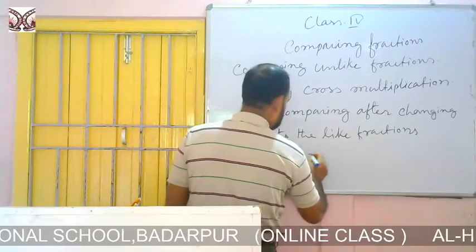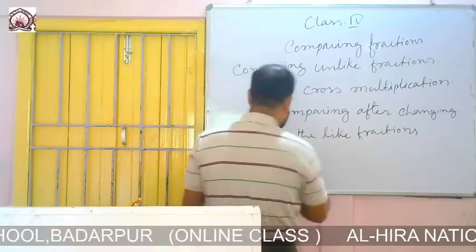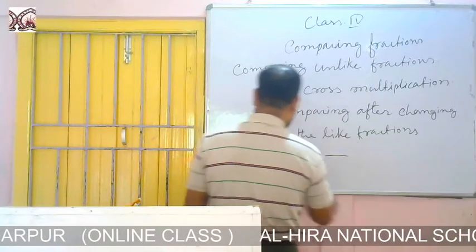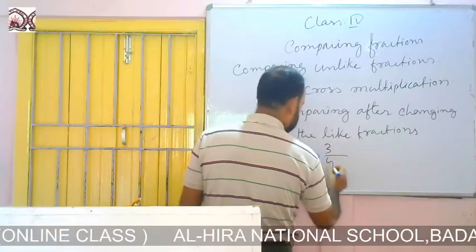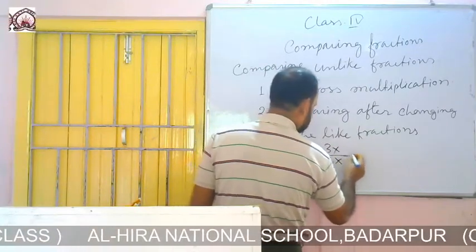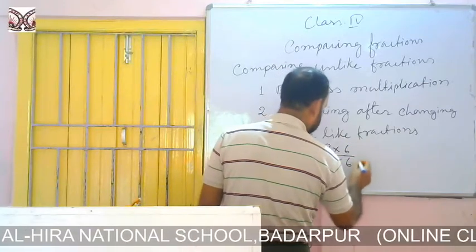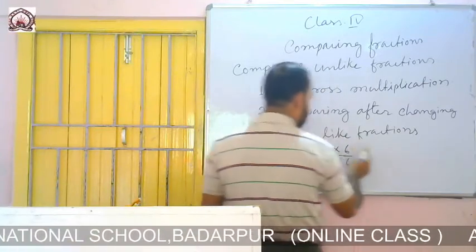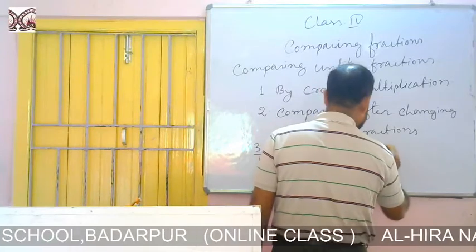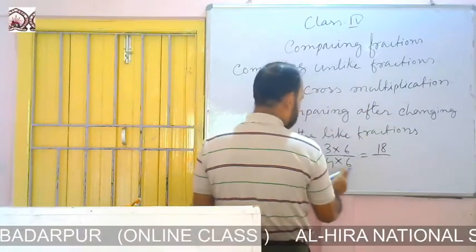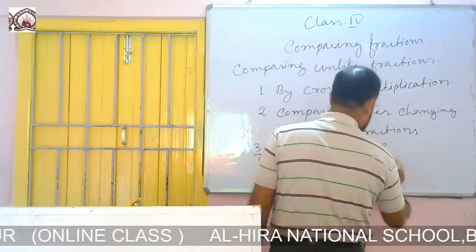So now we change to like fractions. So first fraction into the second fraction's denominator. So 3 6s are 18 and 4 6s are 24.